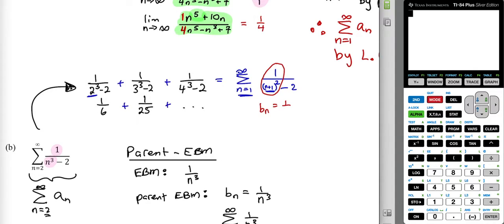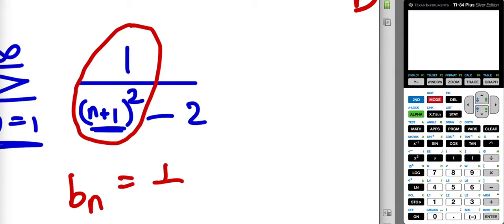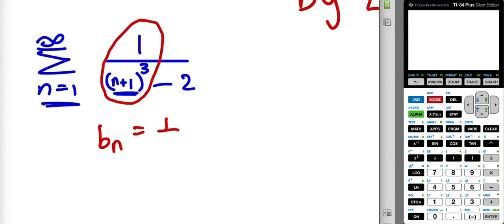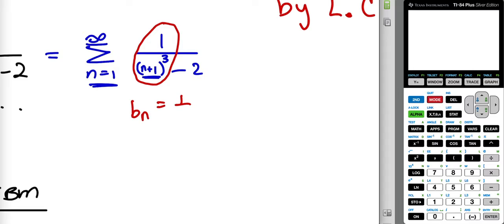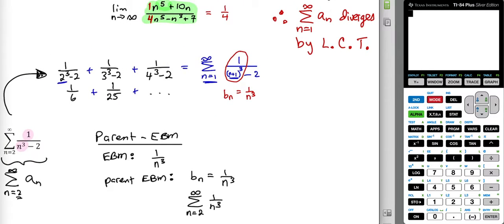Oh, it's cubed, sorry. I was trying to make that a quick fix. I think I've got to bring it in and surgically alter it. There we go. All right, so it'd still be 1 over n cubed. And then you'd carry through the remainder of the process from here.